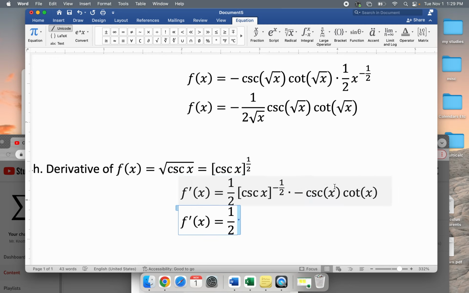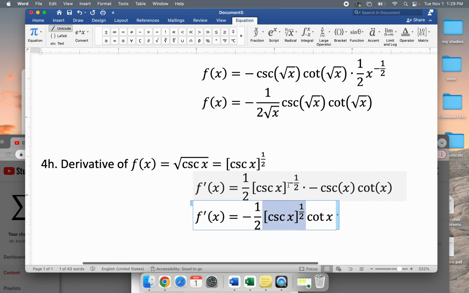Negative 1/2 plus 1 is positive 1/2. So in fact, what you have is cosecant x to the positive 1/2. Also, this minus sign makes the entire expression negative, so I should put a negative in front, and then I've still got that cotangent over here. If you like, you could rewrite this as square root of cosecant. Same thing. Doesn't matter.